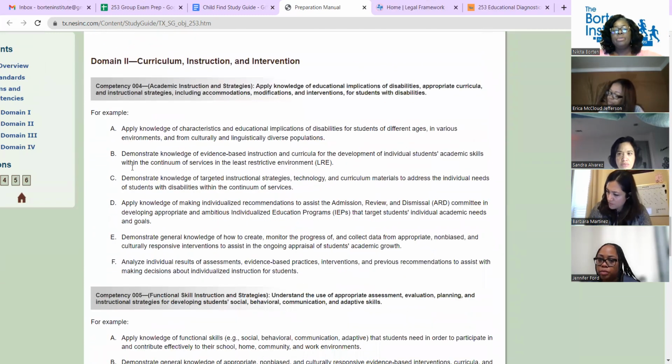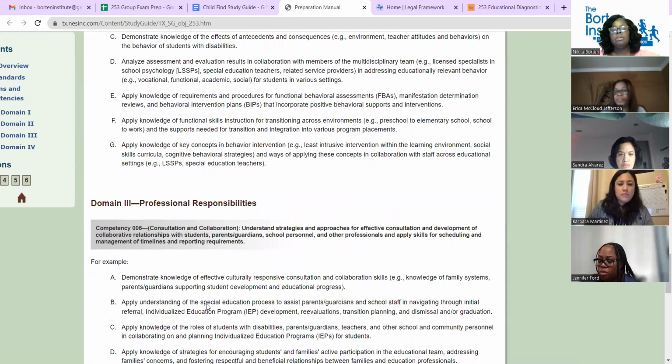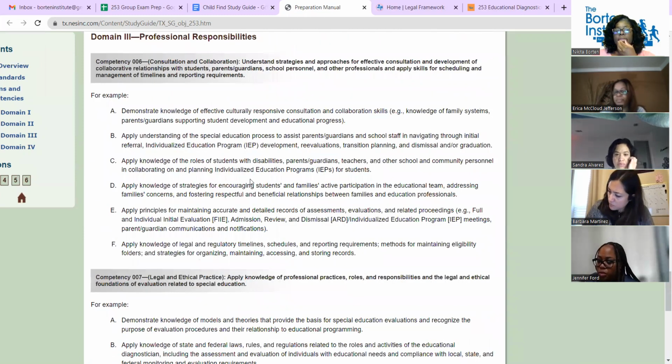Domain 2, curriculum and instruction, is competencies 4 and 5. Domain 3 is competency 6 and 7, ethics and law.